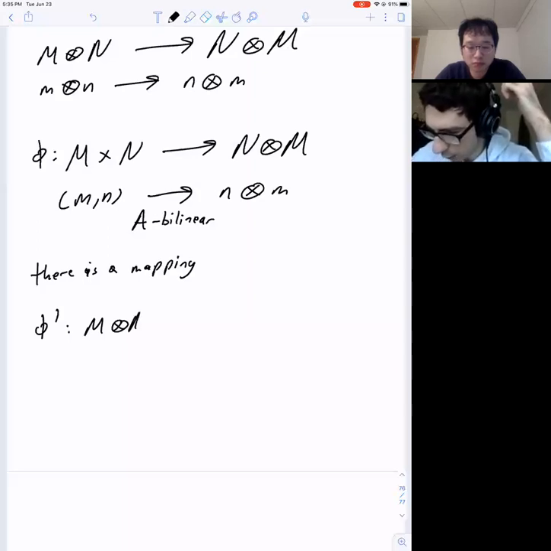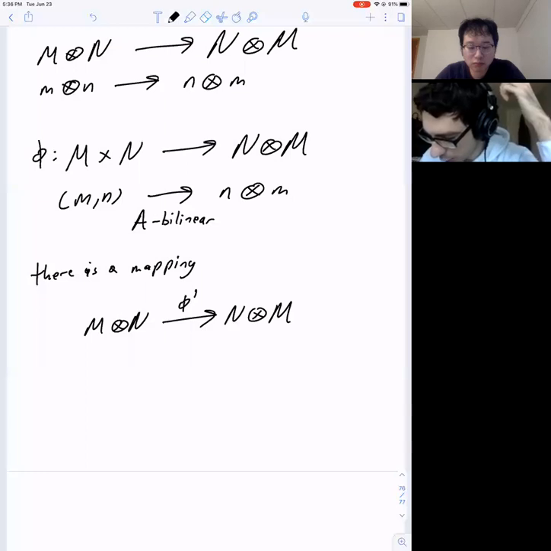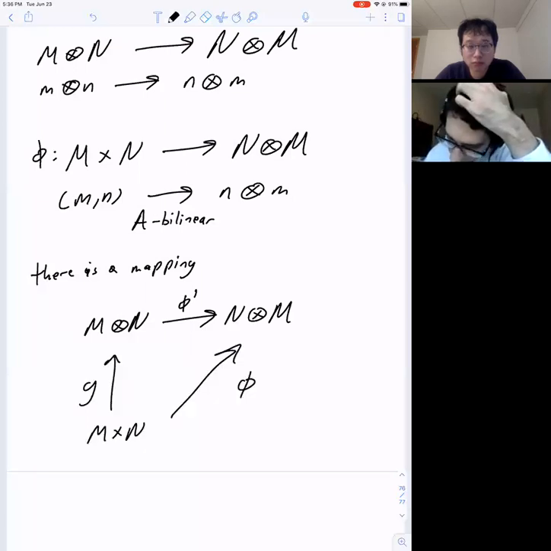How about I write it this way? Phi prime, and then I have, remember, the g, and here I have the phi. This should be commutative.